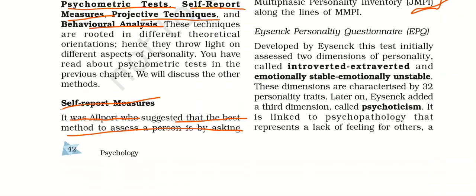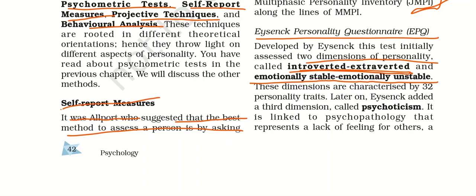Then we have the Eysenck Personality Questionnaire, which is also known as EPQ. This has two dimensions of personality: introverted and extroverted, and emotionally stable and emotionally unstable.